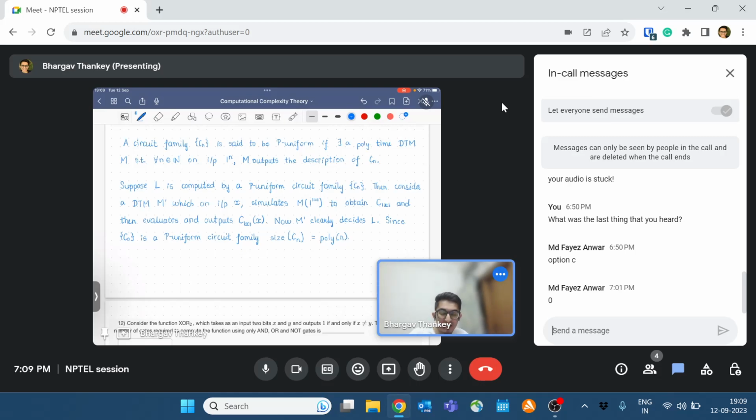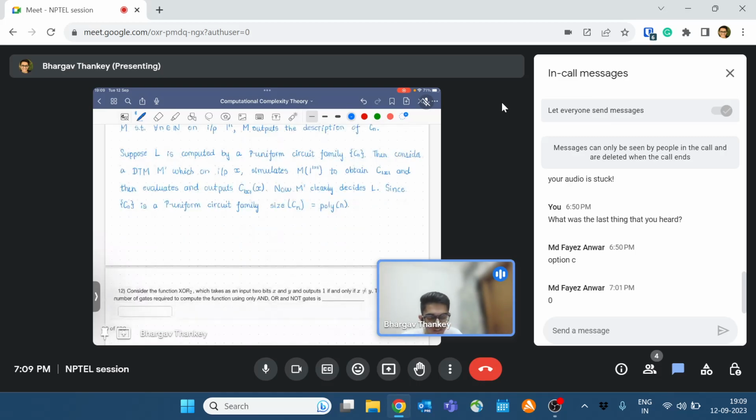And because of this, we can evaluate C size of x on x in poly size of x time, since M also terminates. So M is the Turing machine that outputs the description of C size of x.